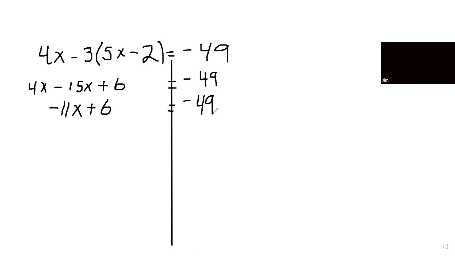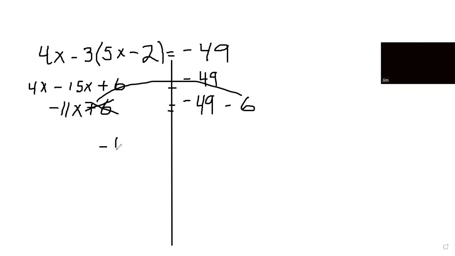Okay, getting down to an equation we're more used to. So this positive 6 here is going to jump, and over here it's going to become a negative 6. So it's gone from this side.